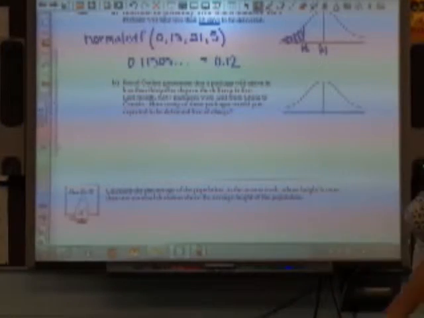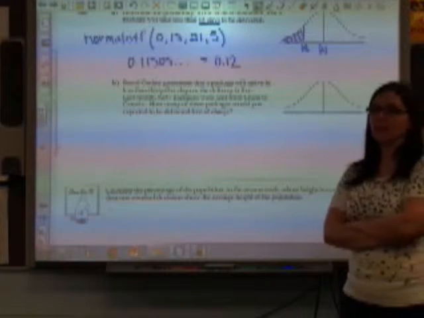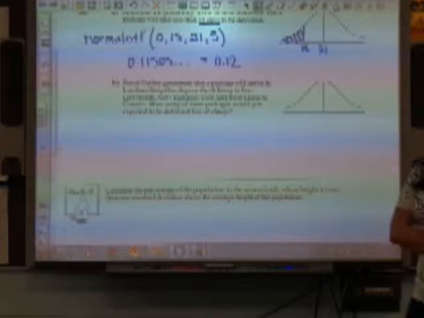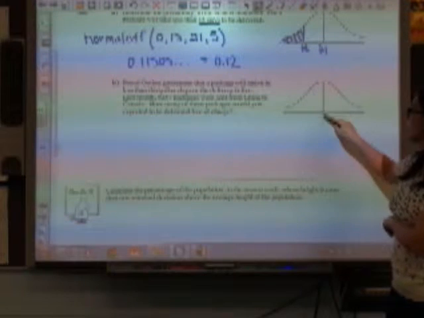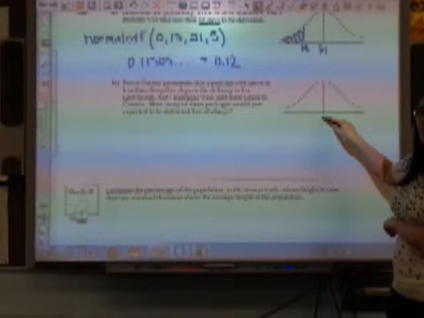Postal outlets guarantee that a package will arrive in less than 35 days, otherwise it's free. Last month, there was 8,257 packages sent from China. How many would be expected to be delivered for free? So what goes in the middle? The middle of my curve will always be the mean.